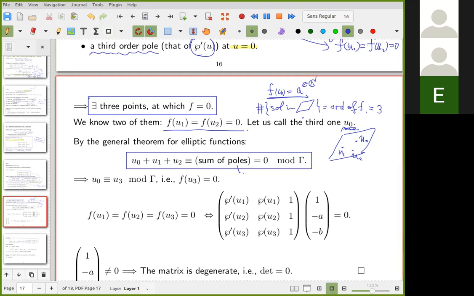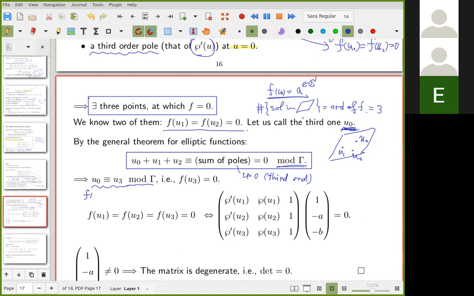But there is only one pole, which is of order 3. So the sum is 0, of course, modulo the lattice. Which means that this solution u0 is equivalent to u3 modulo gamma.